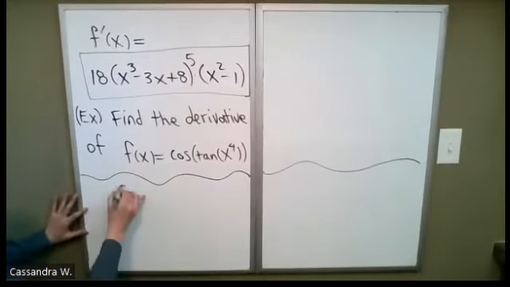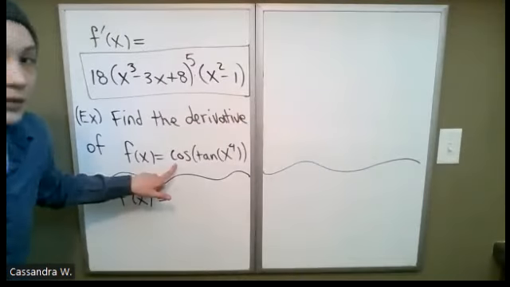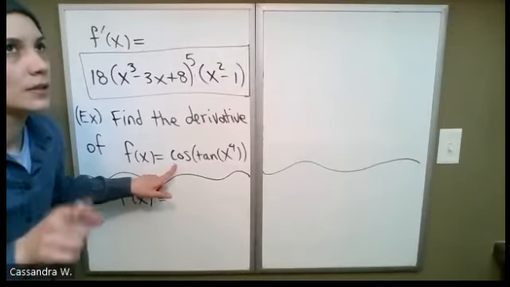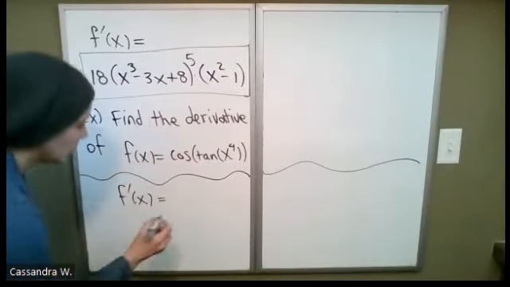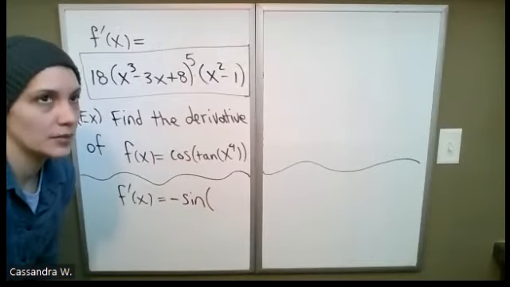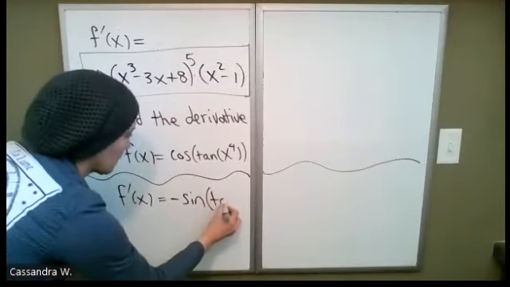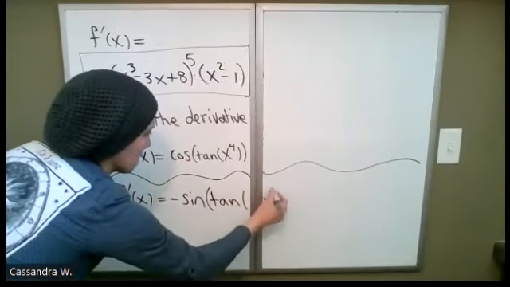Outer function is cosine of x. Derivative of cosine would be negative sine of the stuff inside, which is tangent of x to the fourth. Okay, that's that part. Then we're going to go inside.